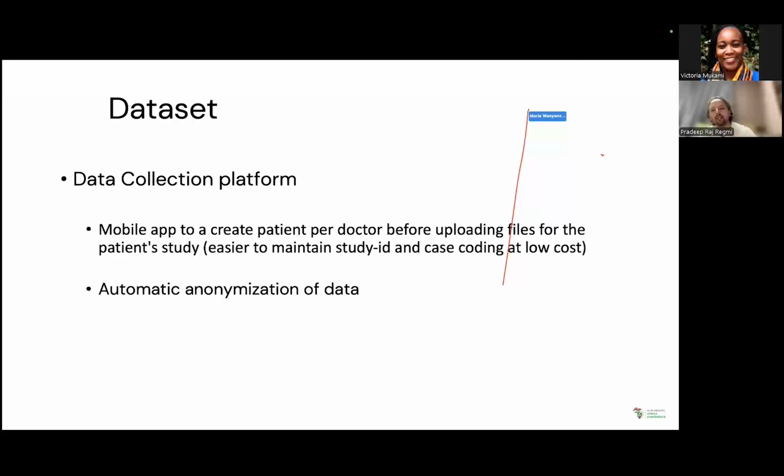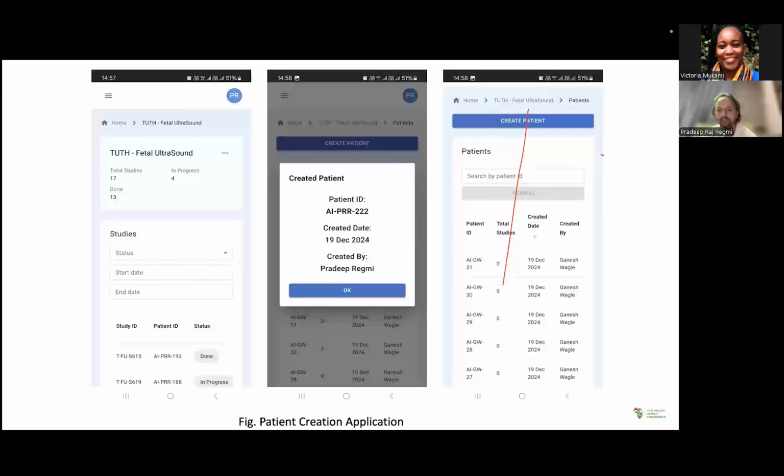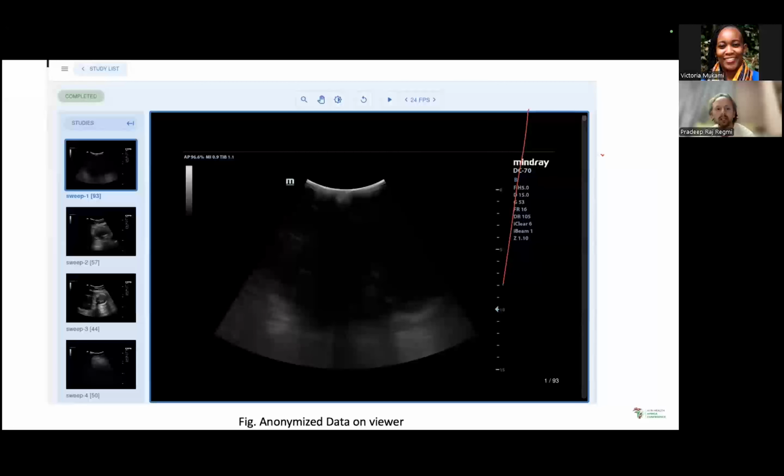So we have made one data mobile app also for creating the patient ID, which is anonymous, and we save the patient ID in the ultrasound machine, and we are annotating on this separate platform.